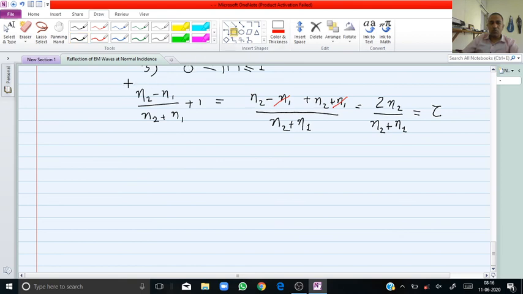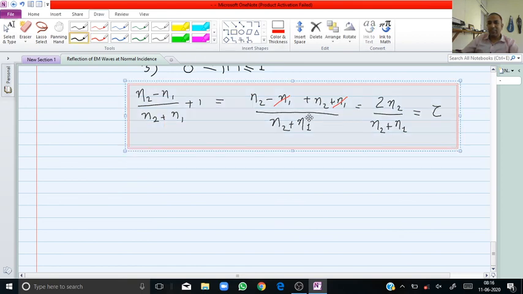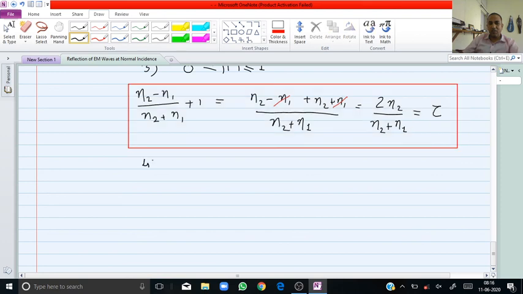So we can say that there is a relation here, that is 1 plus the reflection coefficient R is equal to tau.